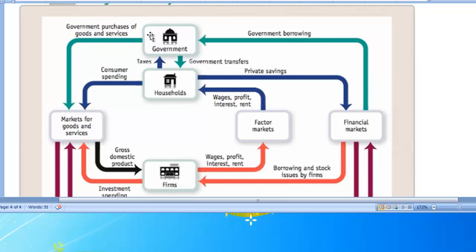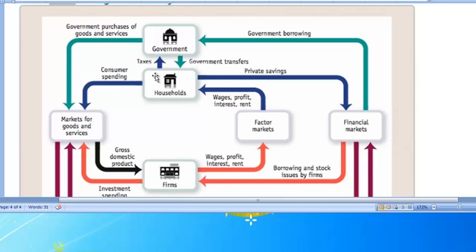In this very simple view of the economy, we represent households being taxed by government. The sources of government revenue we will see later on. In addition to households, government also receives revenue from firms and the rest of the world as well.